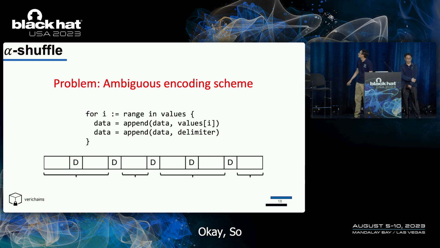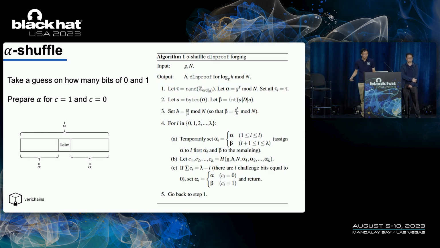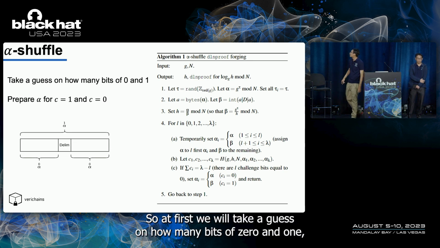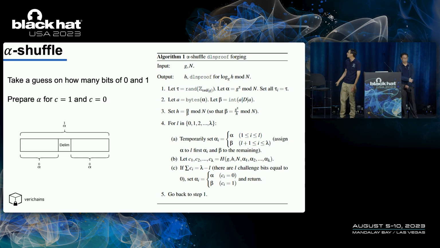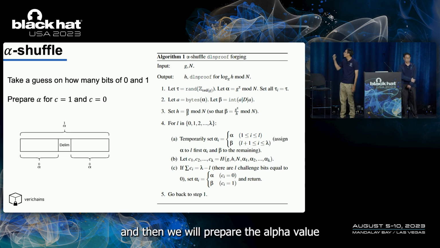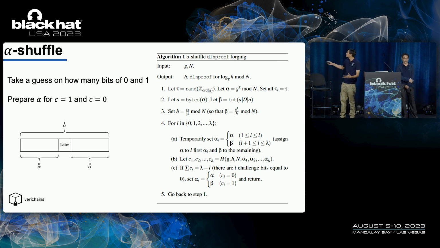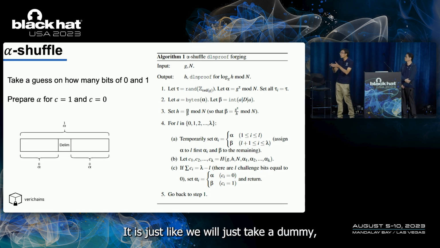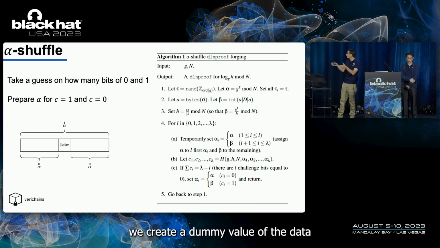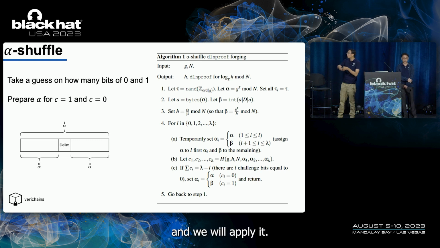Okay, so this is the algorithm. At first we will take a guess on how many bits of 0 and 1, and then we will prepare the alpha value for when the challenge is 1 or the challenge is 0. And we have the algorithm here. It's really fancy. We create a dummy value of the data, and we will apply the Fiat-Shamir.